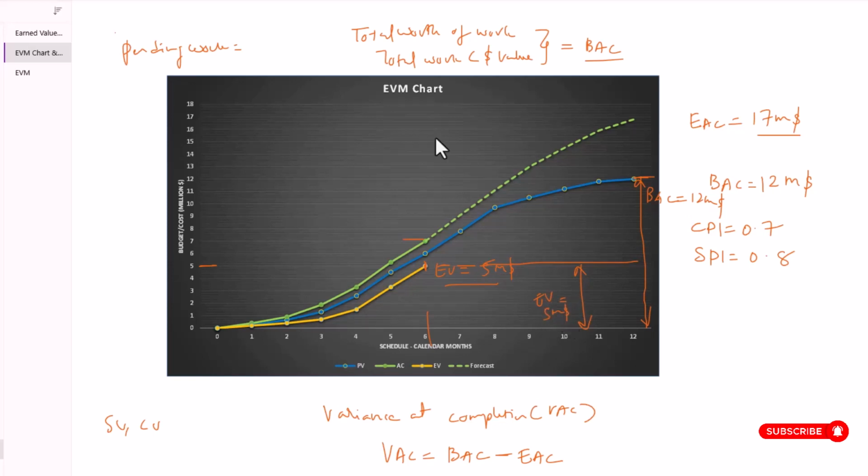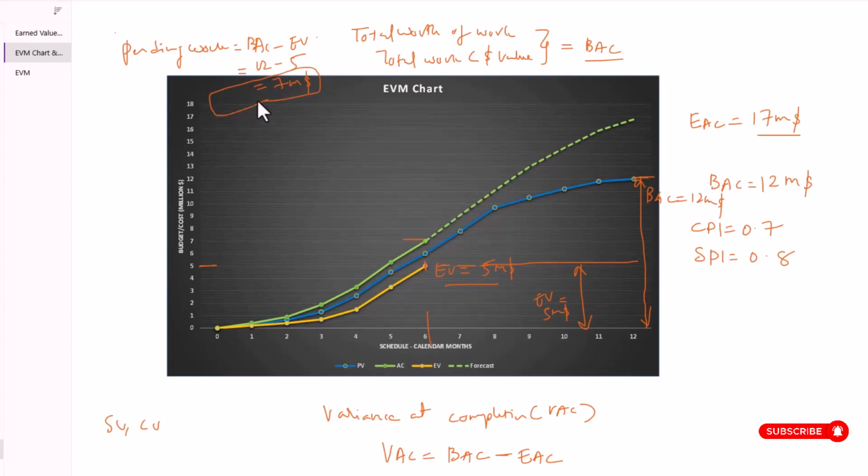So BAC minus EV: 12 minus 5 million will be $7 million. This is the amount of work we have yet to accomplish.